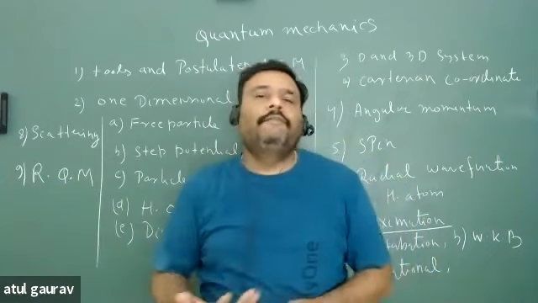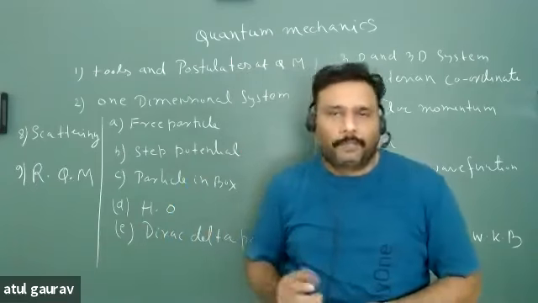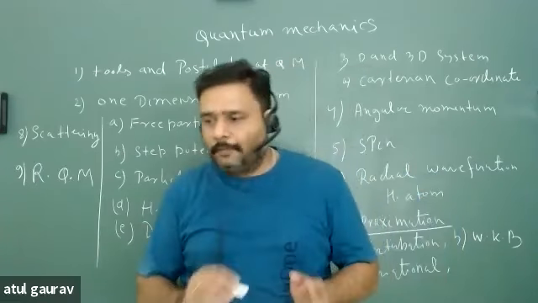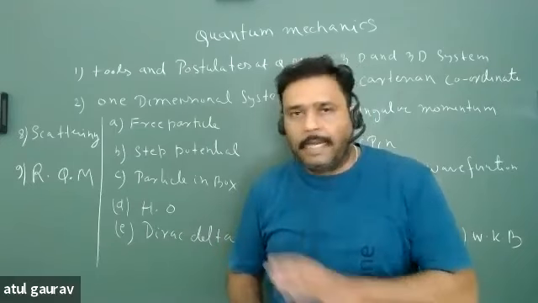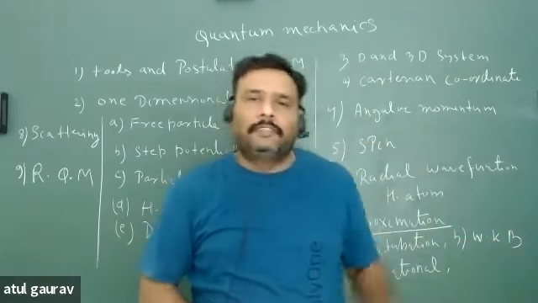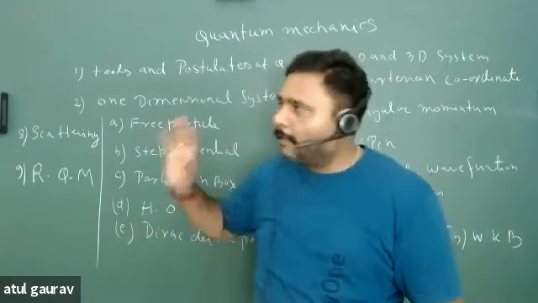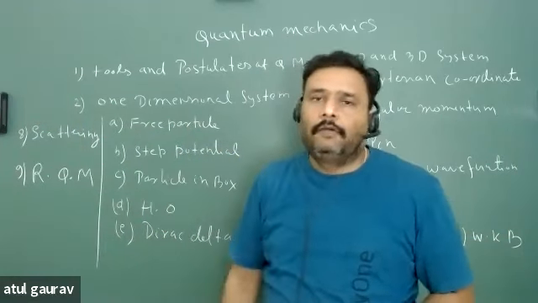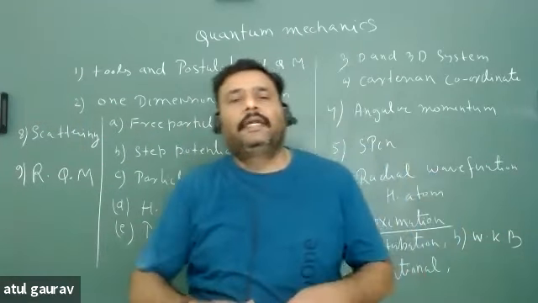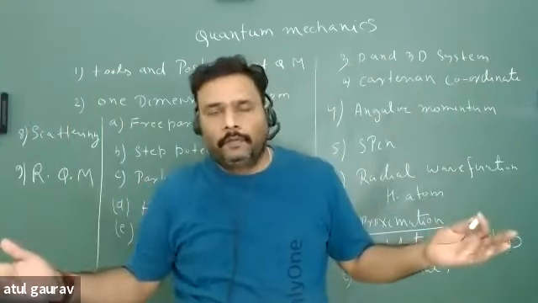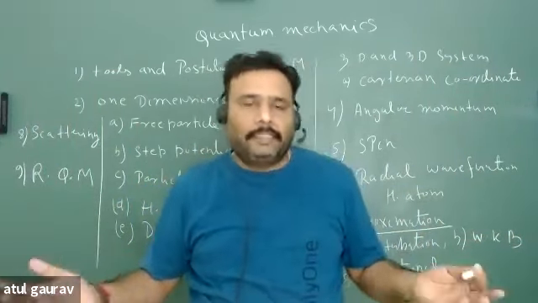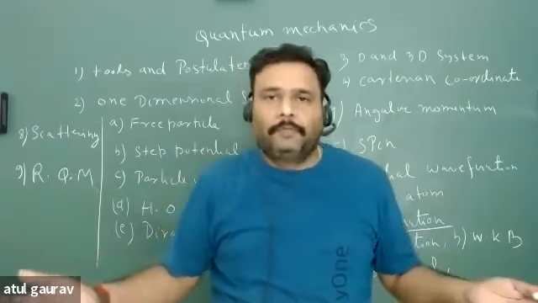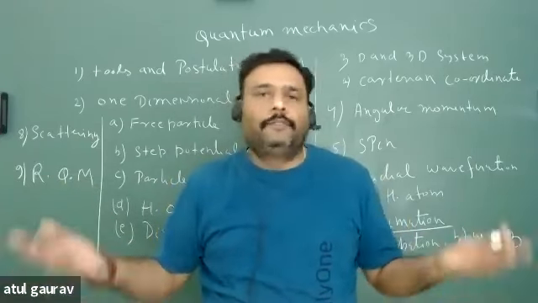So be ready for battle with your perception in all the next classes of quantum mechanics. I am not saying that classical mechanics is wrong. I am not saying that quantum mechanics is correct or wrong. What I am saying is that there are n number of events, n number of observations in our nature. To understand these observations, we have n number of tools.